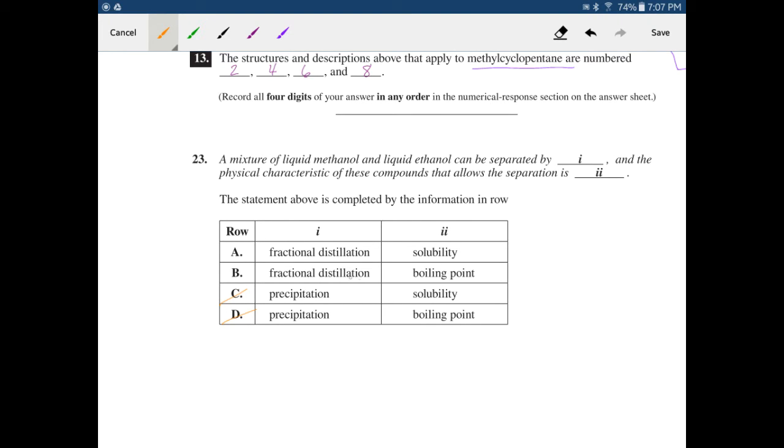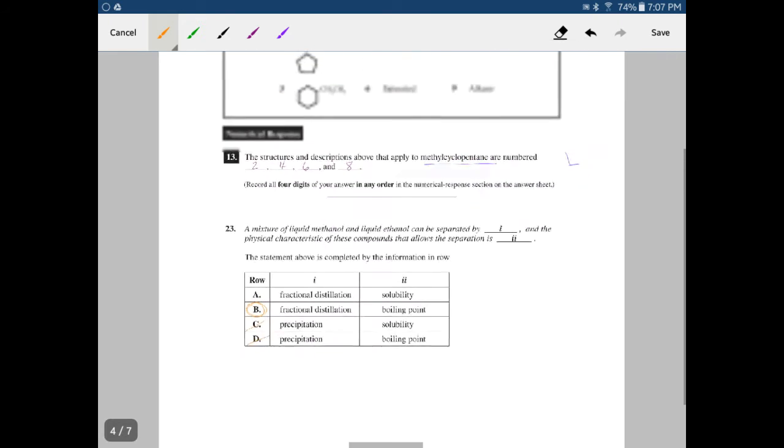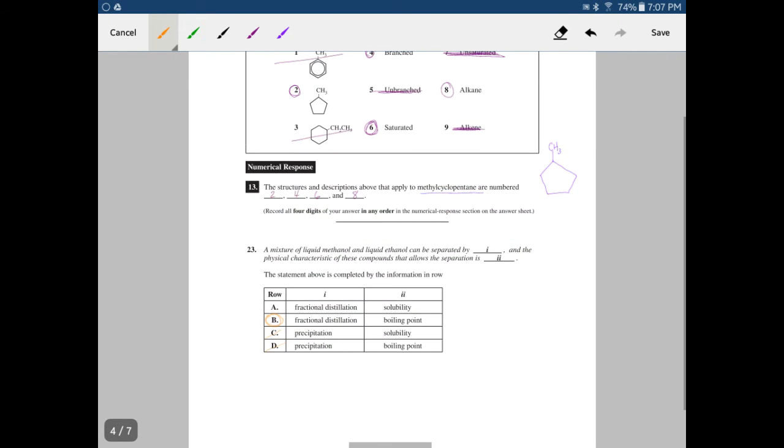So by knowing what fractional distillation is, we actually answered the second part, and that is B. So we have fractional distillation and our boiling point that allows us to separate those two entities using a boiling point. Okay, let's take a look at the next one.